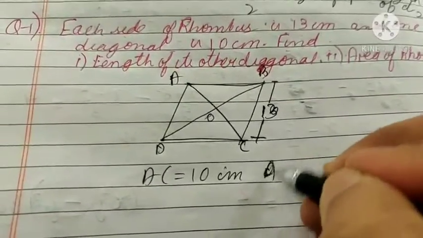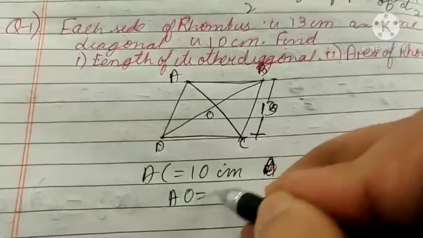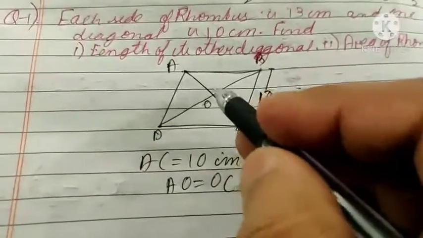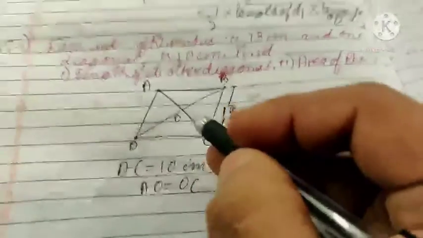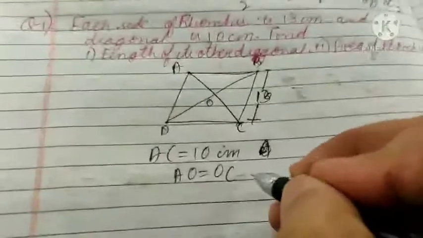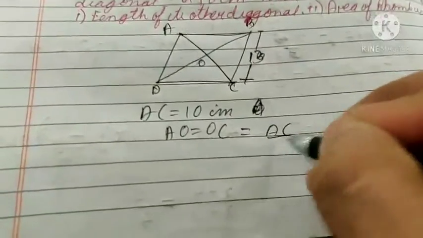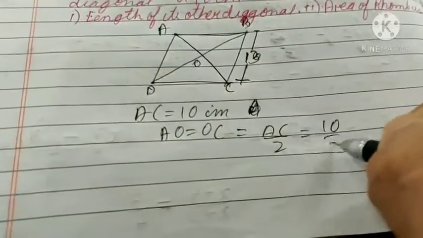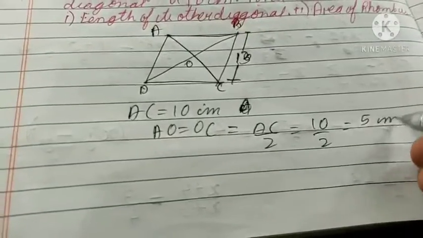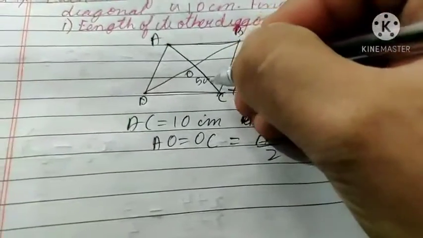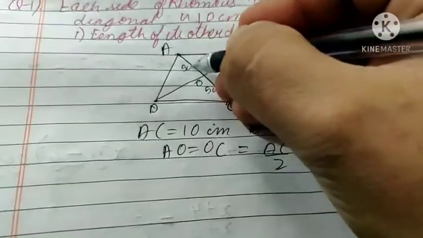Then AO and OC are equal, as they are bisected at point O. These are half of AC, that is 10 by 2, that is 5 centimeters. This is 5 centimeter, this is also 5 centimeter.